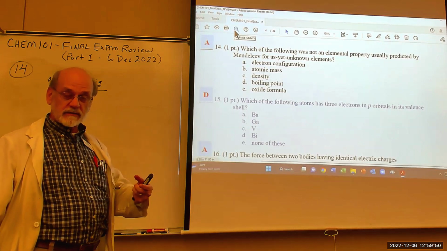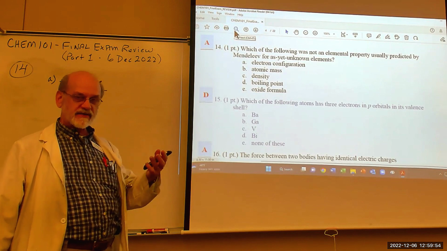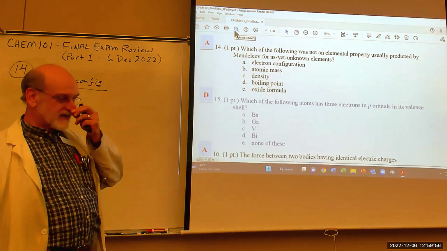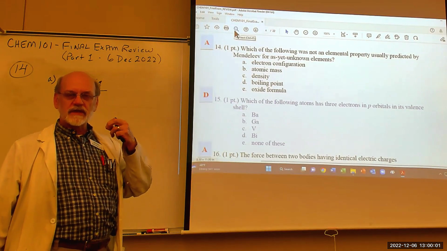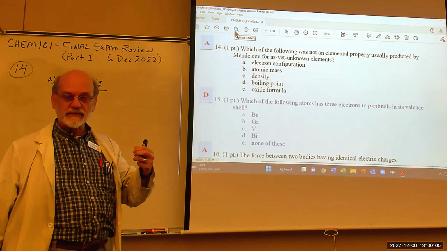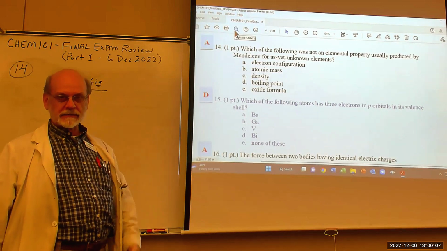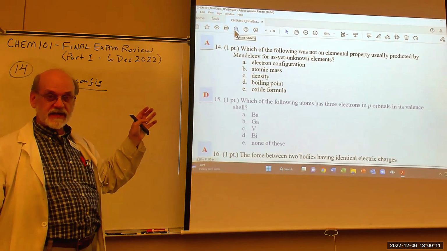What they did know, thanks to Avogadro and his student Cannizzaro, was how to measure the masses of individual atoms or groups of atoms. And that helped Mendeleev construct his table.